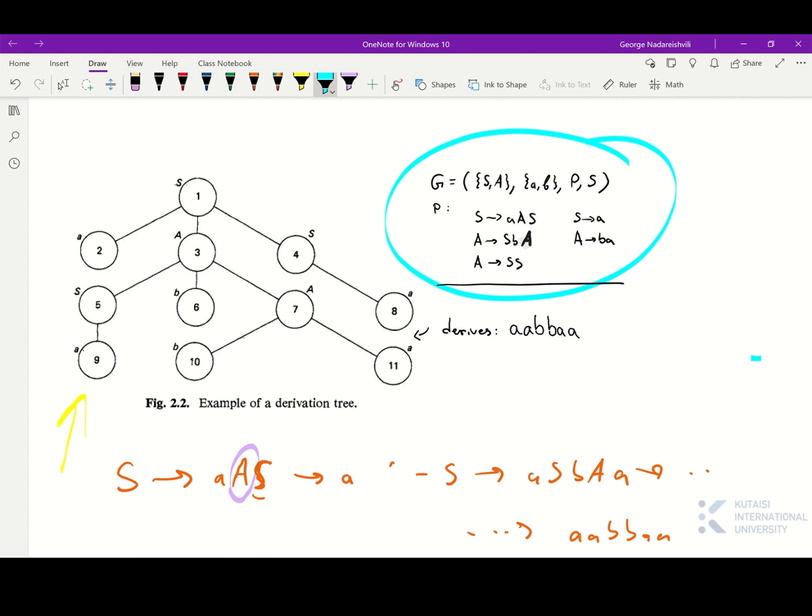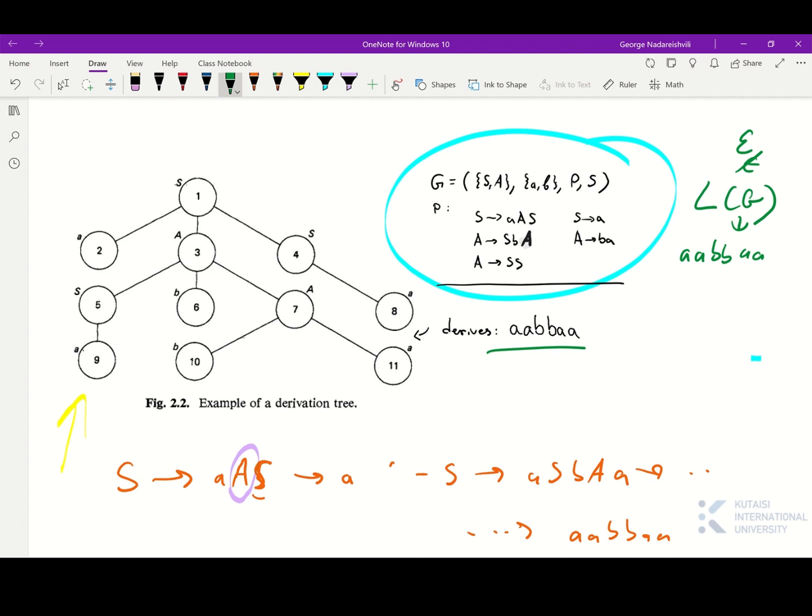It never generates an empty string. It generates some language, I don't know what language this is, but I know for sure that A, B, A is in it, because it has a derivation. But this language does not include epsilon, because there's no production that can create epsilon.